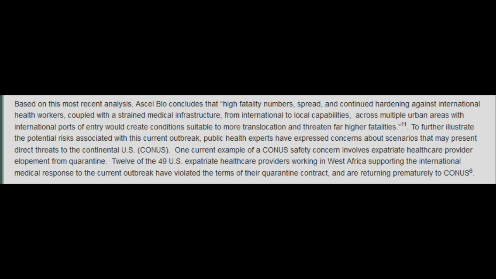To further illustrate the potential risks associated with this current outbreak, public health experts have expressed concern about scenarios that may present direct threats to the continental U.S. One current example of a continental U.S. safety concern involves expatriate healthcare provider elopement from quarantine.